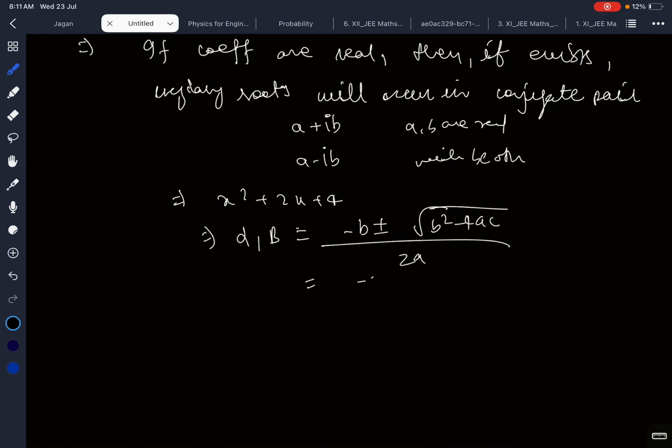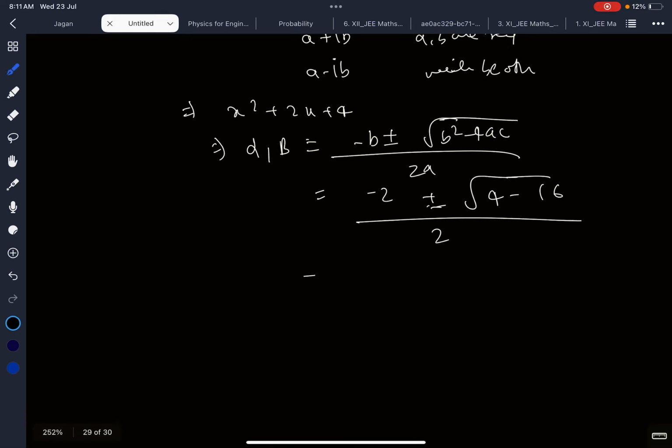Implies that minus b is minus 2 plus minus root of 4 minus 16, divided by 2. So we'll have minus 2 plus minus root of minus 12. Okay, so this will be minus 2 plus minus 2 root 3 iota.